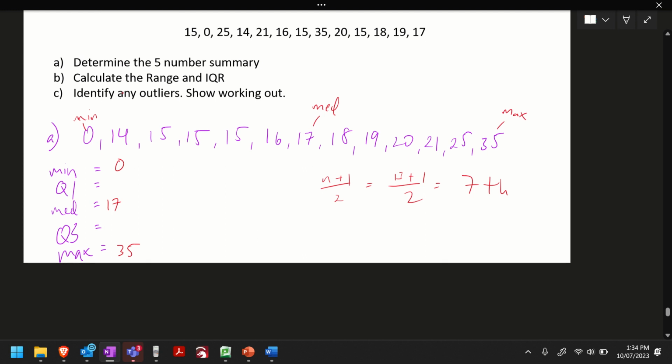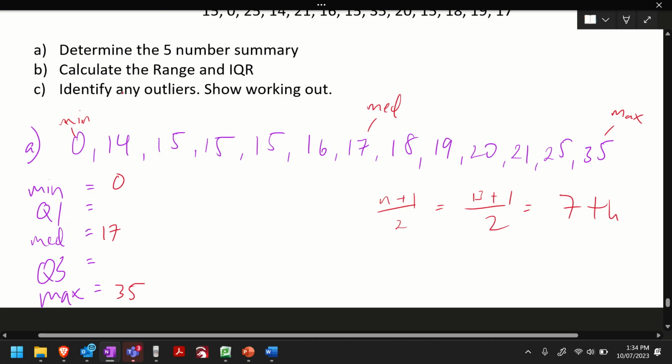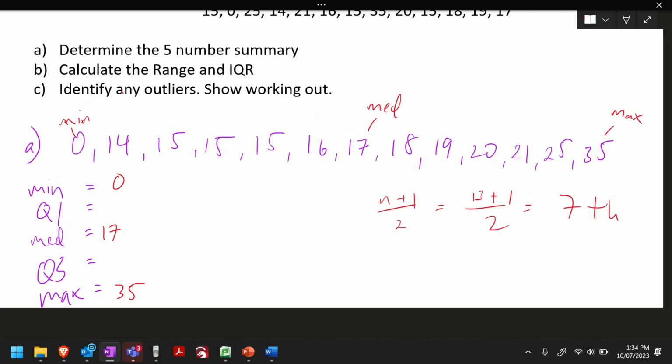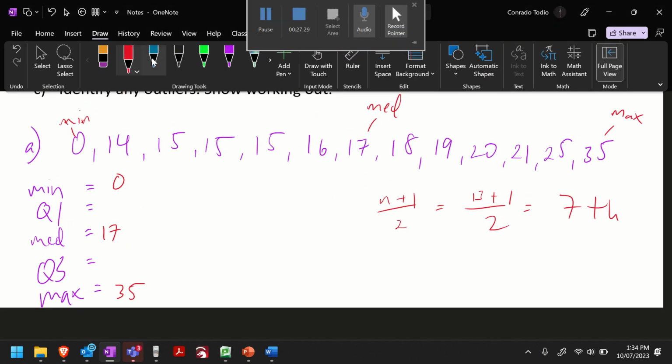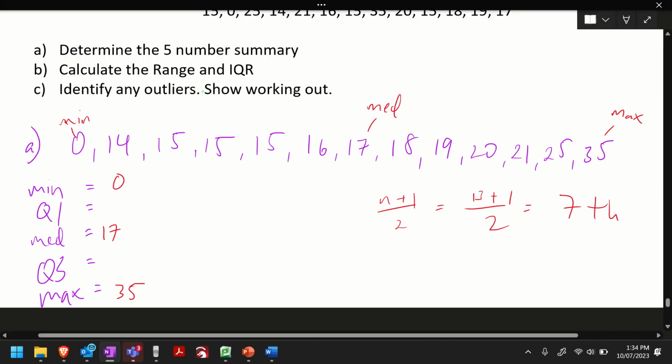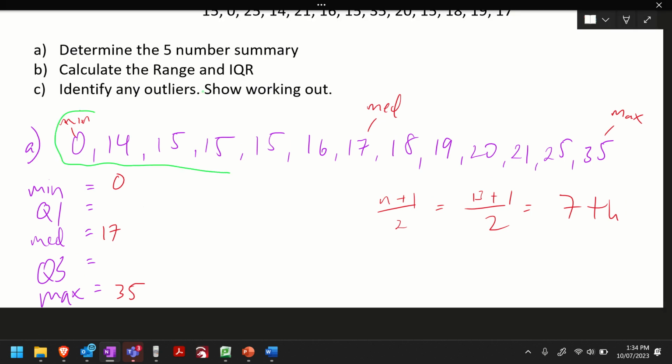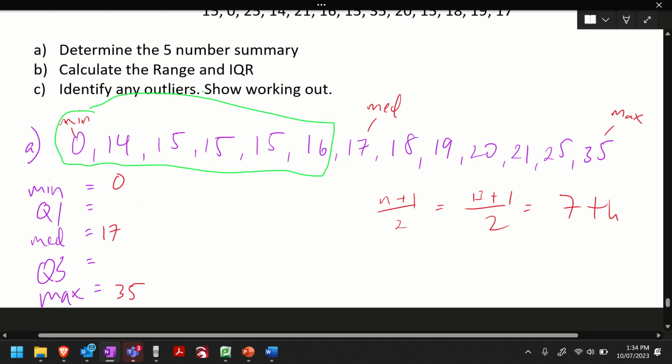Okay, Q1 and Q3. Remember, when you're looking for the Q1 and Q3, you don't include the median. So for this data set, if I'm looking for the median for Q1, I'm only looking at these numbers. I don't include 17 in there. So the middle number here is between 15 and 15, which would just be 15. That's Q1.